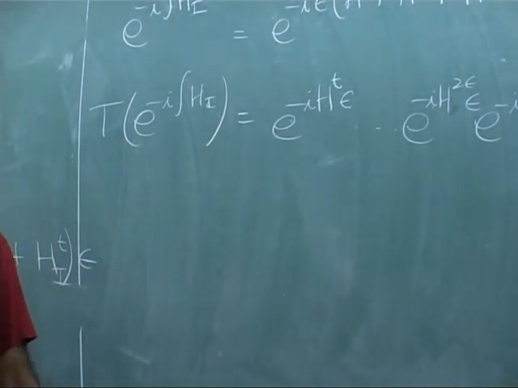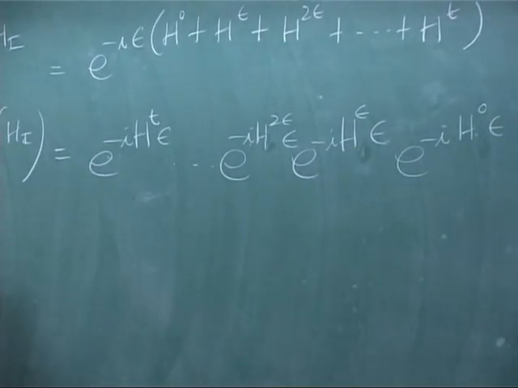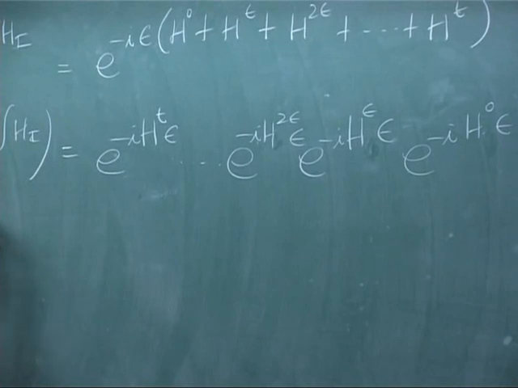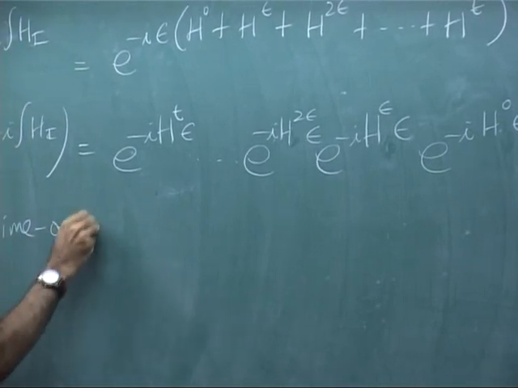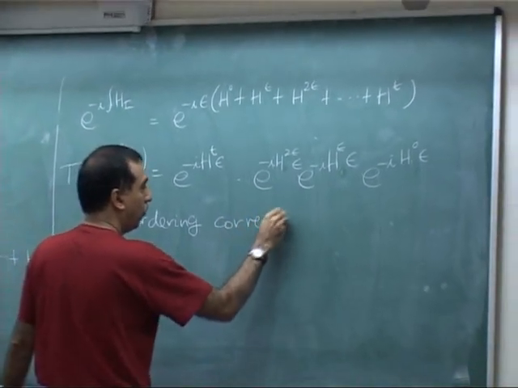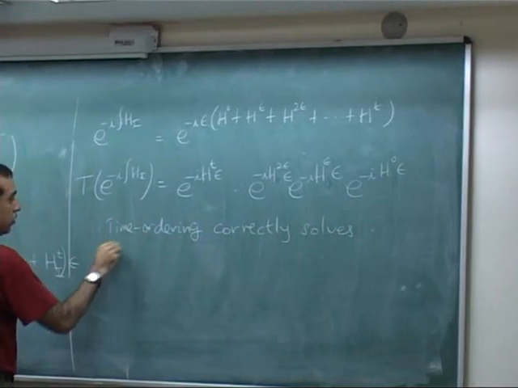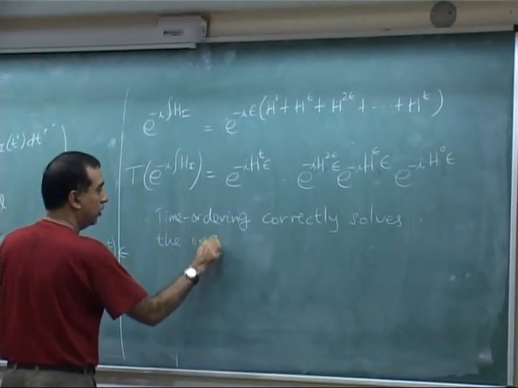That's the key difference. So in this form, it's very clear that time ordering correctly solves the original equation. And if you want more practice with time ordering, then I think you should do that in the tutorials.